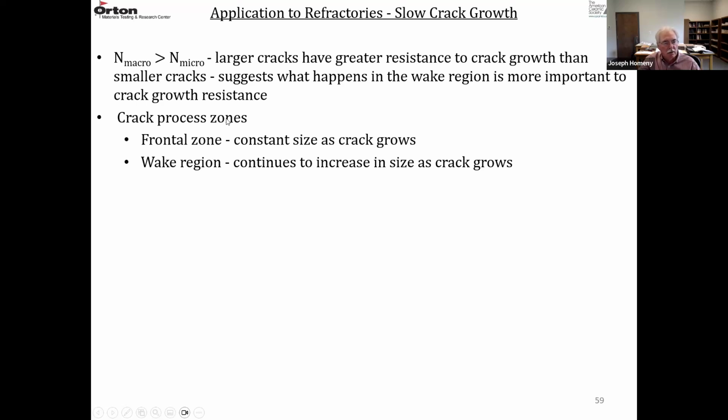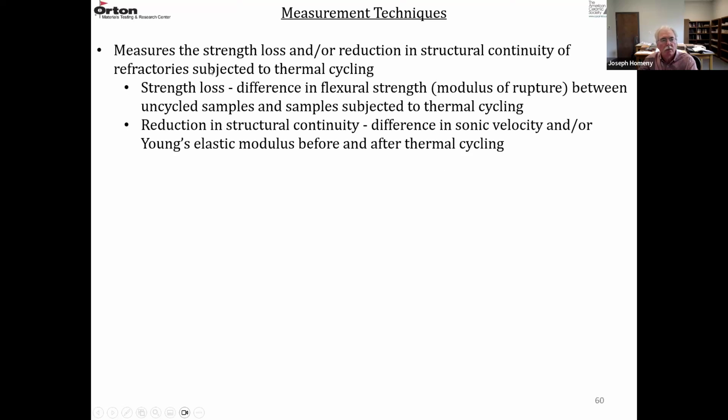So in the crack process zones, the frontal process zone is constant in size as the crack grows, but the wake region continues to increase in size as the crack grows. So how you design a microstructure with a long crack wake process zone is going to be a factor in the thermal shock resistance.